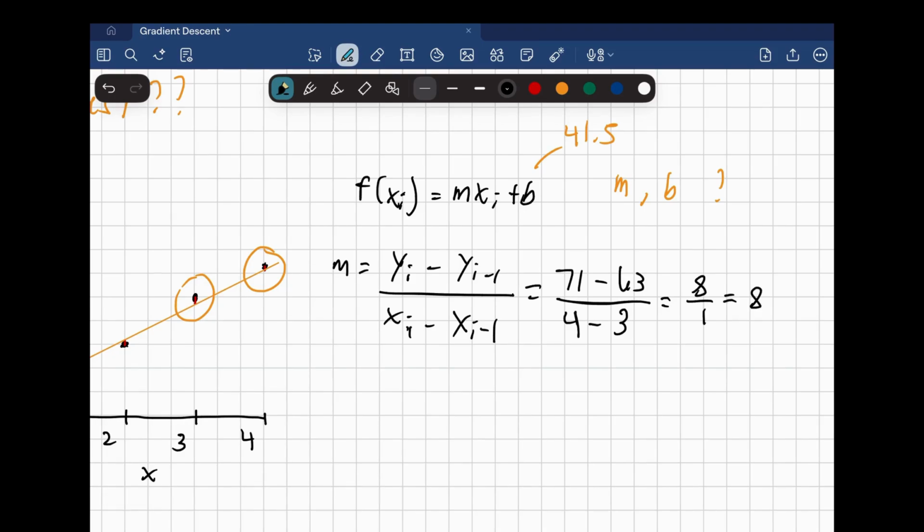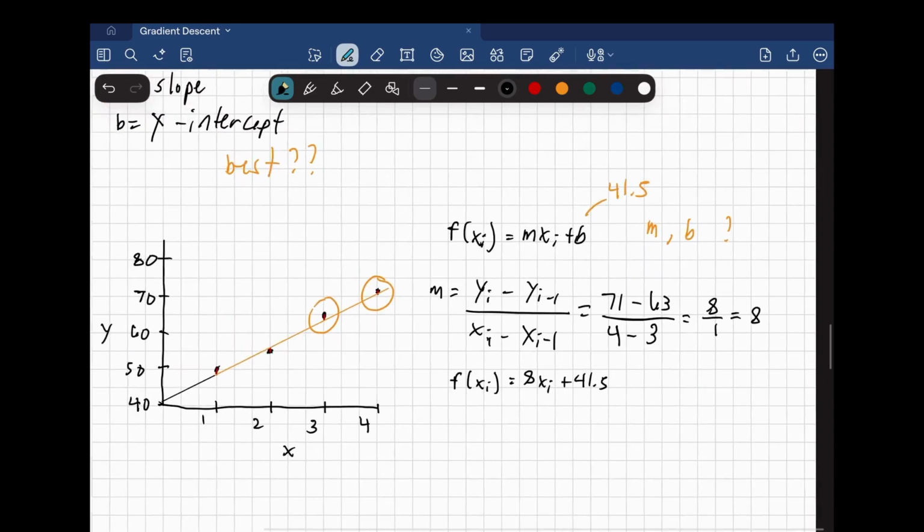So m is 8. So our equation of the line, or our model, is f of xi equals 8xi plus 41.5. This is just the approximate value of m and b.